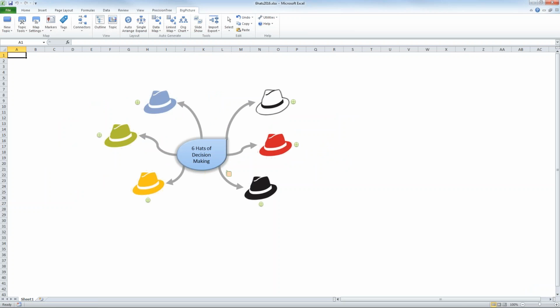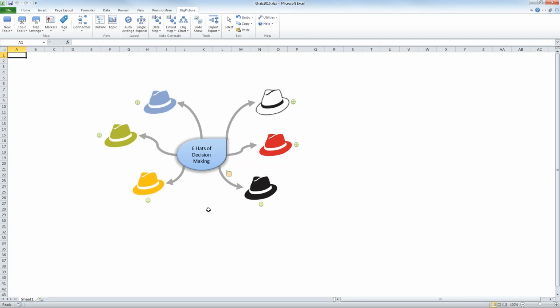Now, I assume that most people on this webinar or listening to this recording deal with decision making. I really think this mind map hits home in all different industries and all different sectors within those industries, because this is about how to make collaborative decisions.